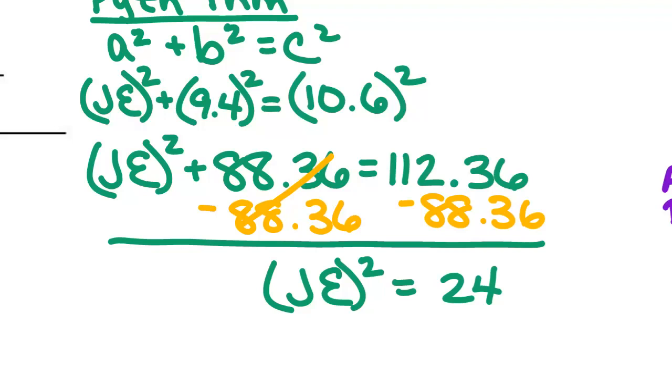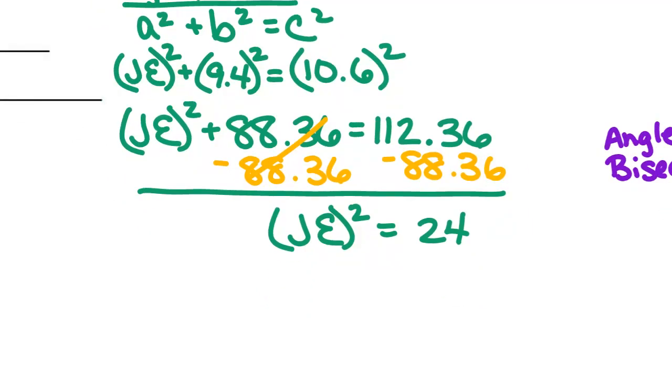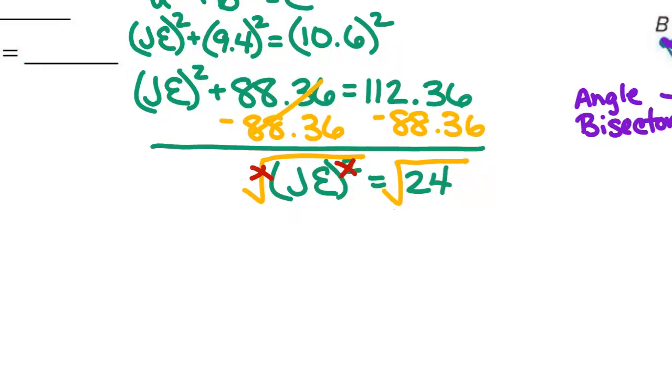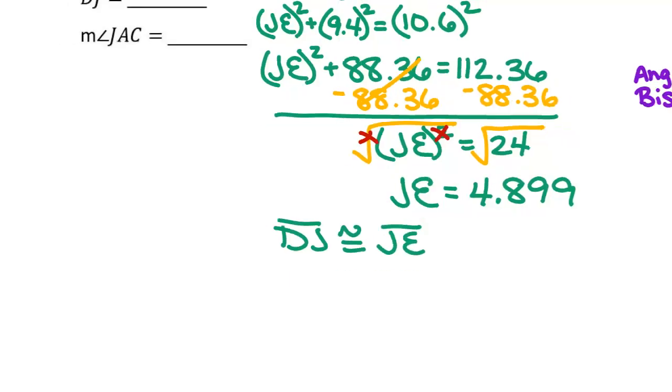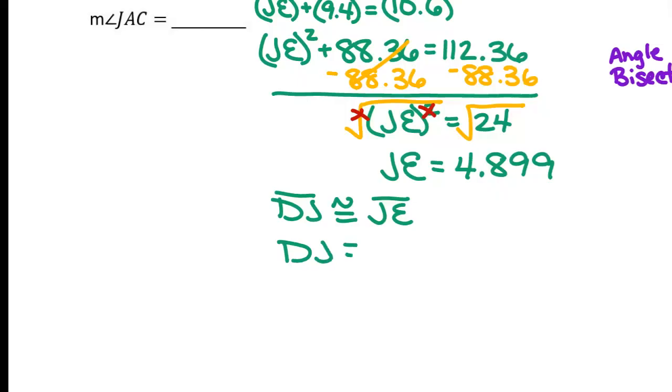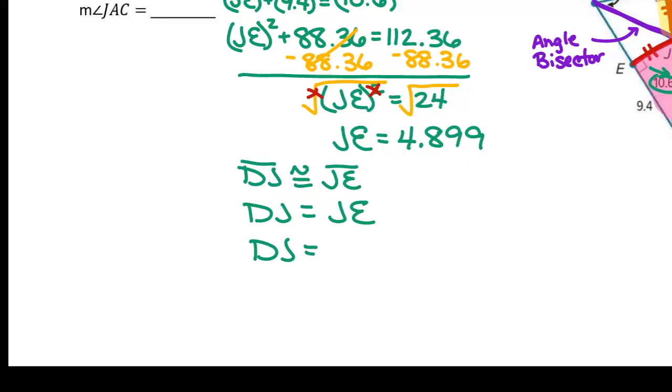Then we do the square root of both sides to get rid of the squared on JE. It cancels out the squared and the square root on the left. We get two answers when we do this, but only the positive answer makes sense. I get 4.899. And we said that DJ is congruent to JE. So the length of DJ is equal to the length of JE. So DJ is also 4.899.